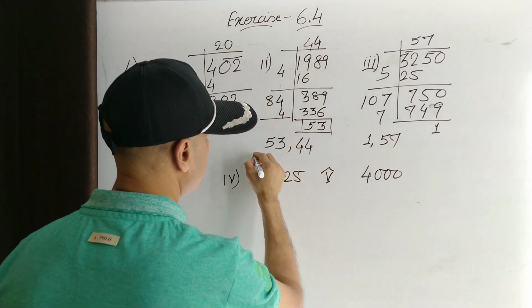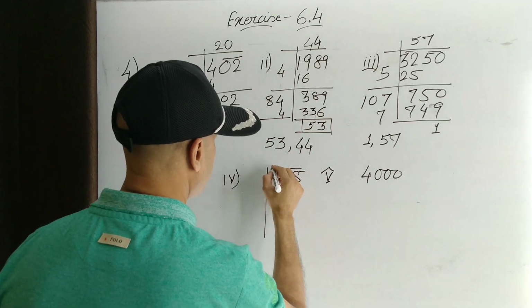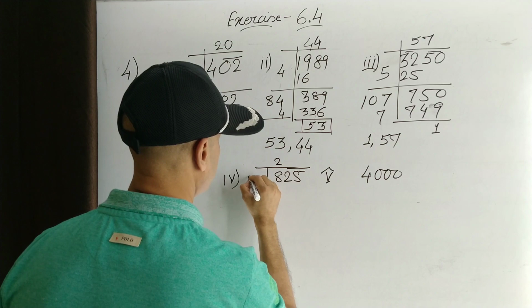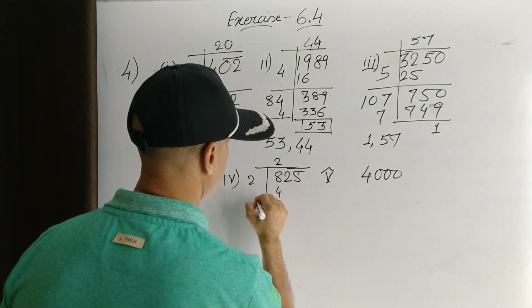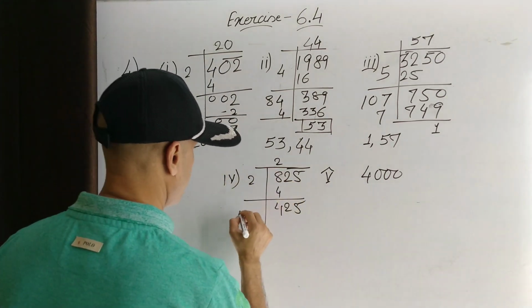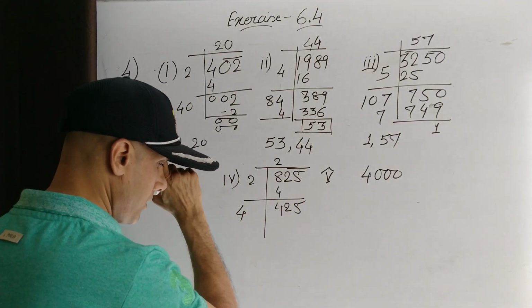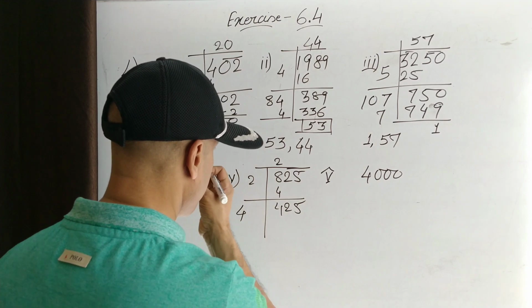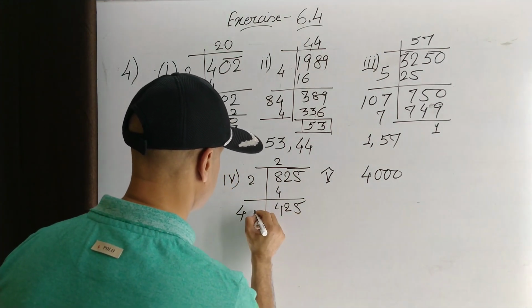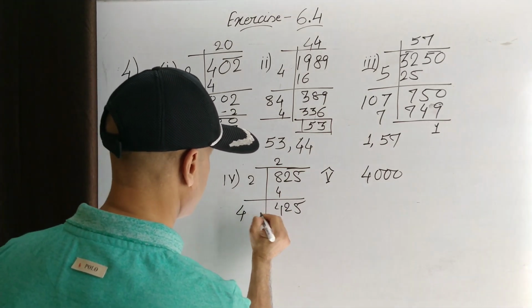Moving on to this one, we'll deal 8 first. So we'll have 2 here and 2 here. We'll have 4 here and 4, 25. Now 4 here, and if we take the closest number, it seems to be 8.